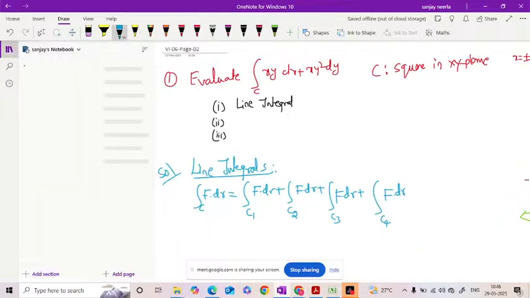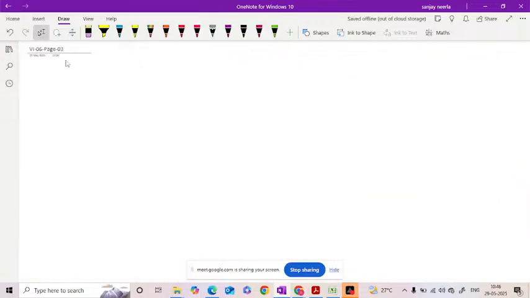First of all, along the C1 curve. So along the C1 curve, that means along the AB curve. Along AB, what is the structure?